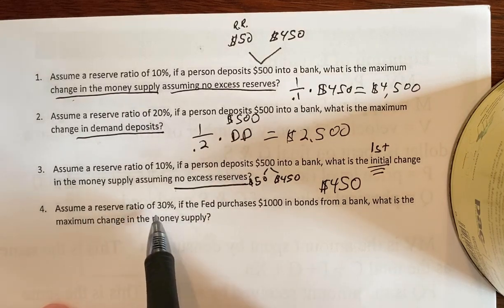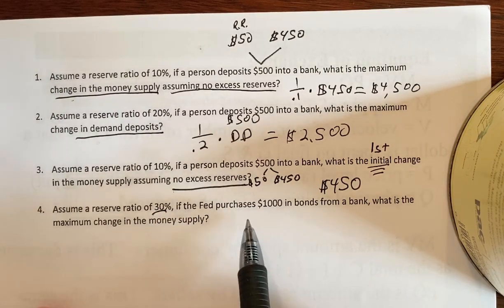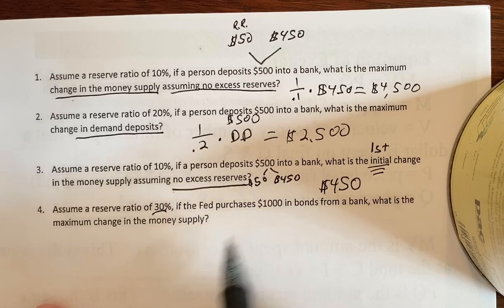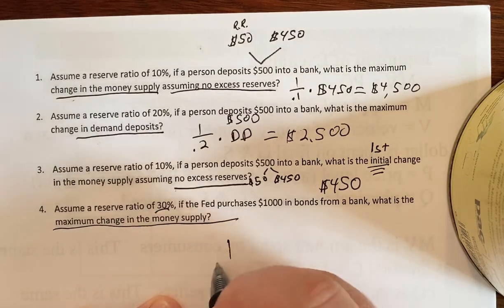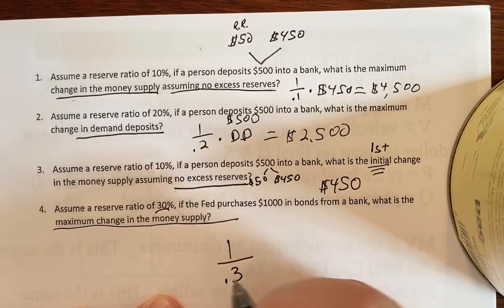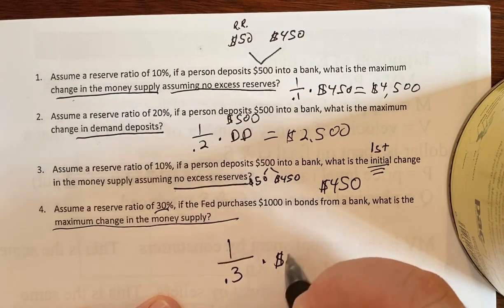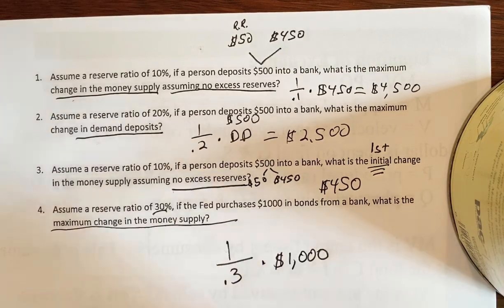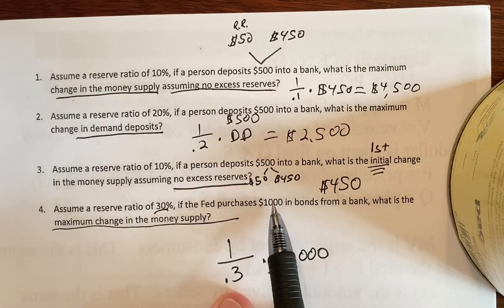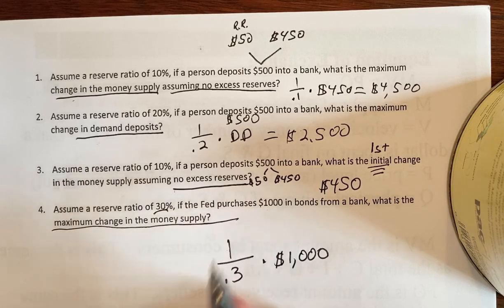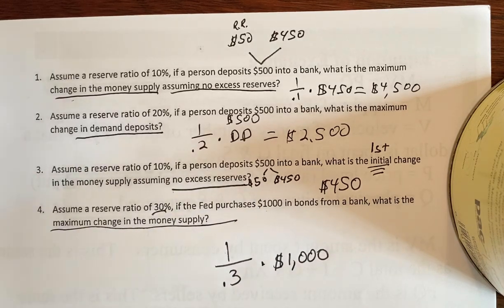Assume a reserve ratio of 30%. If the Fed buys $1,000 worth of bonds from a bank, what is the maximum change in the money supply? So we're going to go 1 over 0.3 times 1,000. Now remember, they can loan out the full amount of the bonds, this $1,000. Why?